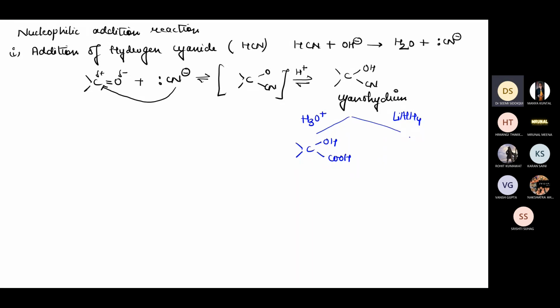And if the reduction takes place, then you're going to have the OH group as it is, and this cyano group is going to change into an amine. Okay, is it clear?